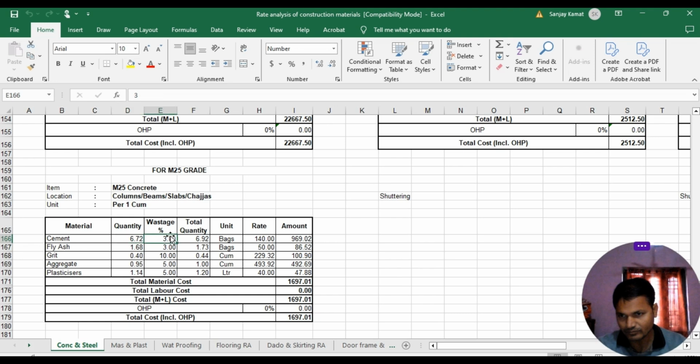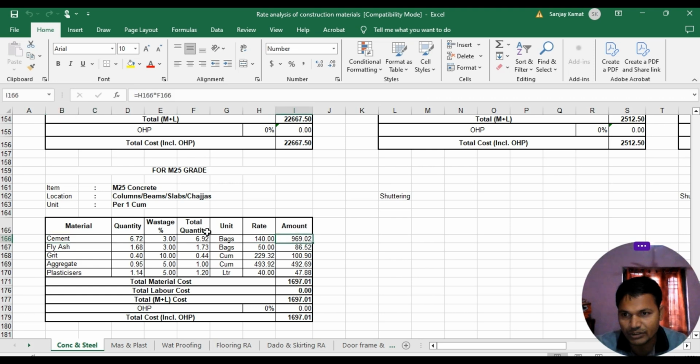0.72 volume only, and wastage. For this year we have taken 140, so it may increase or decrease every year.